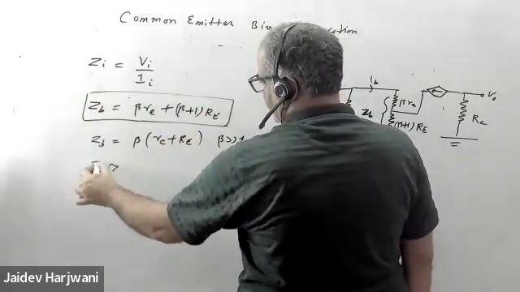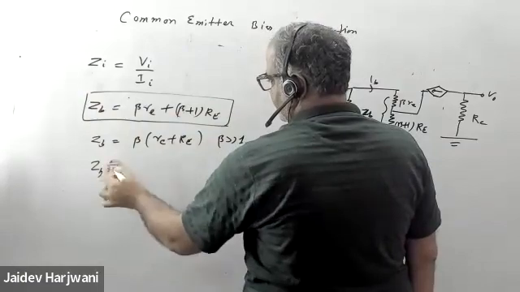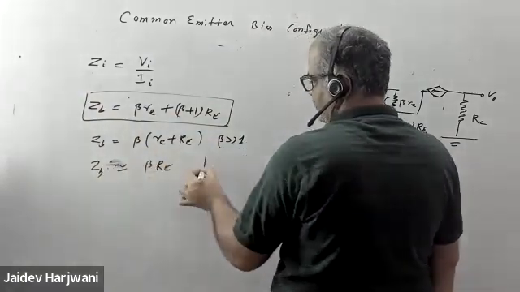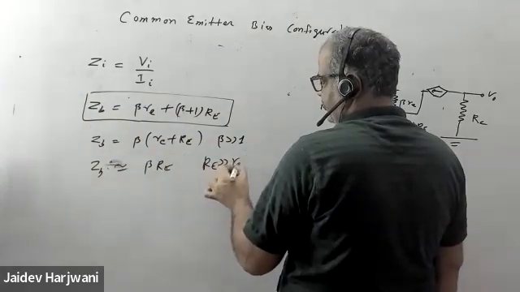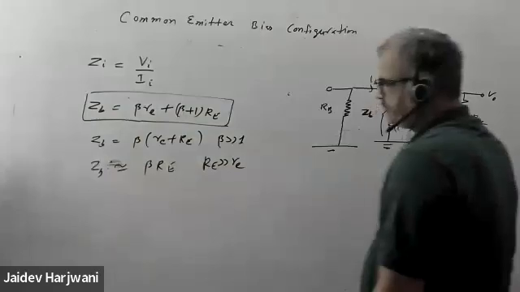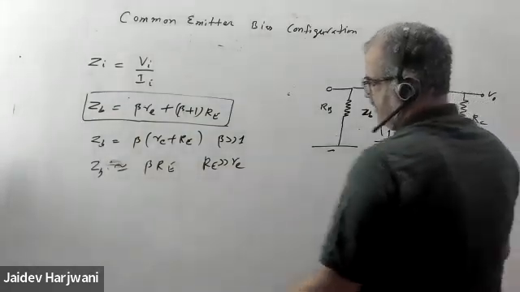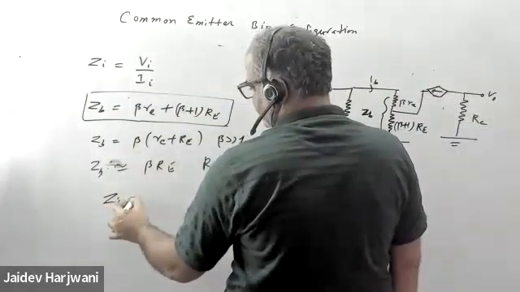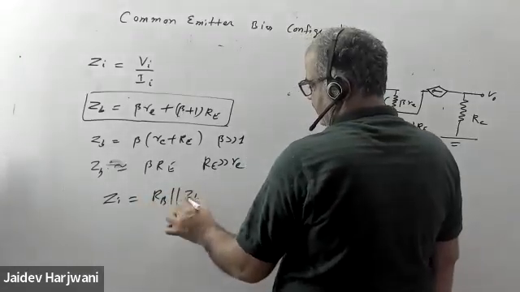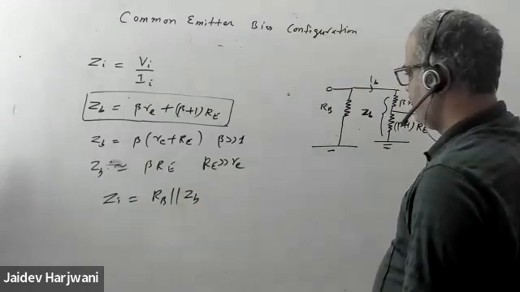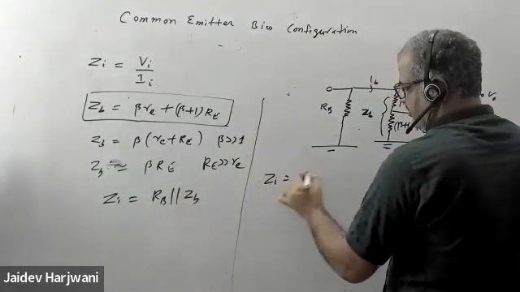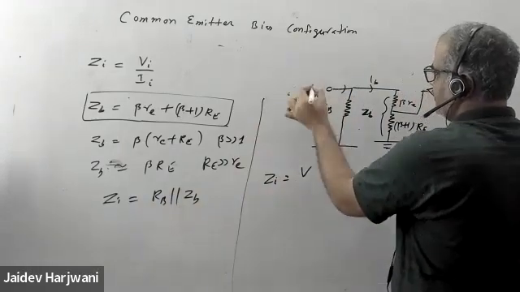You can also write ZB equals simply beta RE, because in general beta RE is greater than RE. So you can also write like this. And Z input is simply RB parallel to ZB. If you want to calculate ZI, we can calculate this from VI.